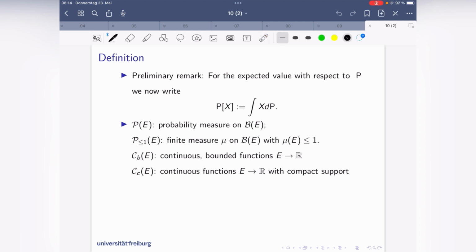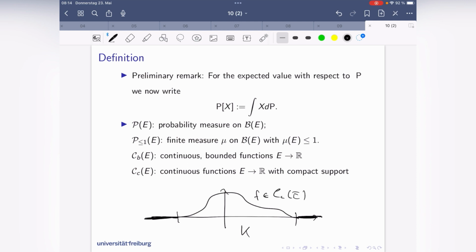Just to remind you what compact support means: there is a compact set, let's call it K, such that the function is 0 outside. So these are all real-valued functions. This is a function f in C_c(E).